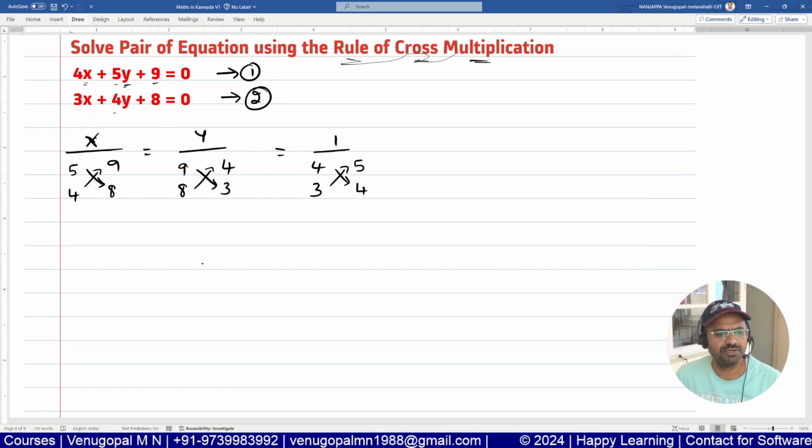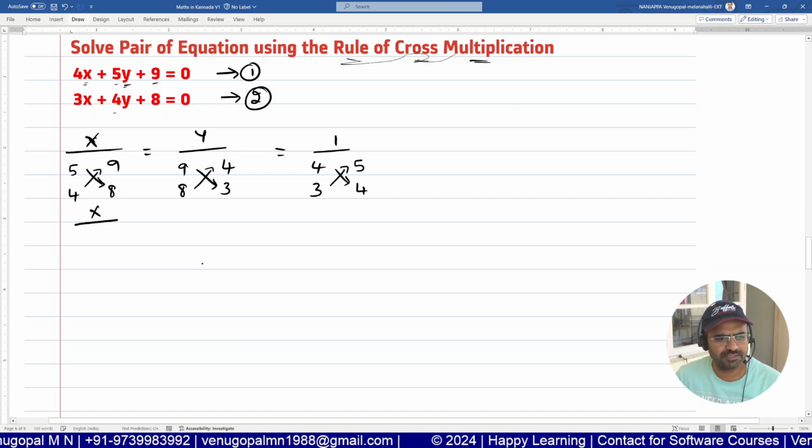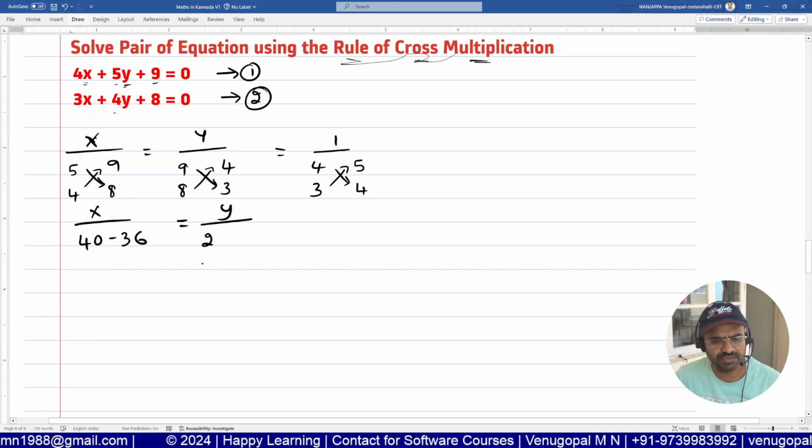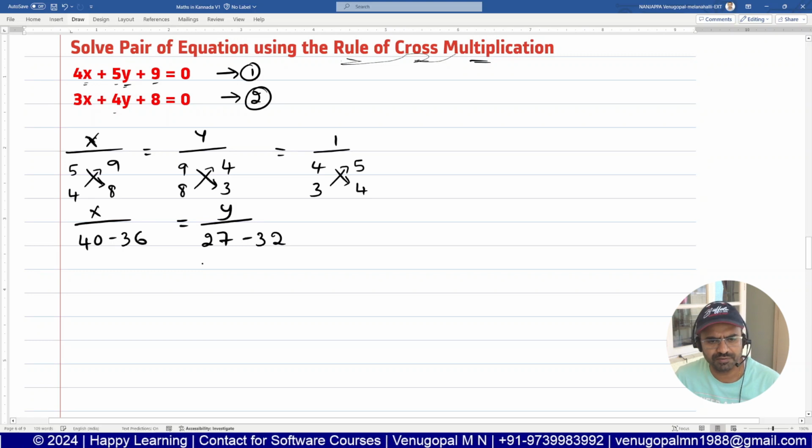So now we have to deduce this formula, which would be x divided by 5 8s are 40 minus 4 9s are 36, equal to y divided by 9 3s are 27 minus 8 4s are 32, is equal to 1 divided by 4 4s are 16 minus 3 5s are 15.